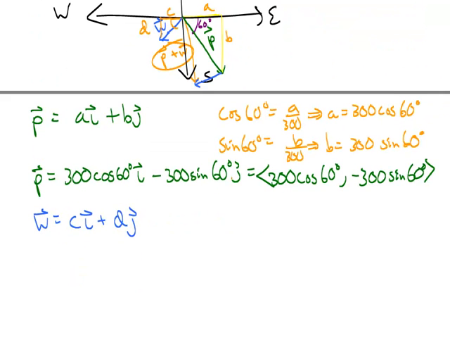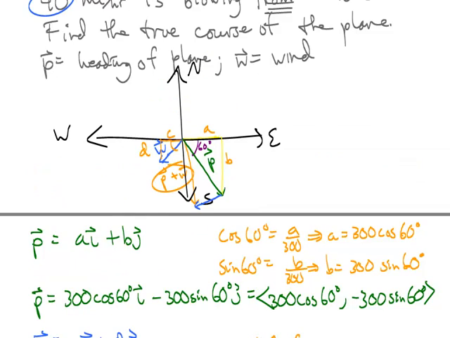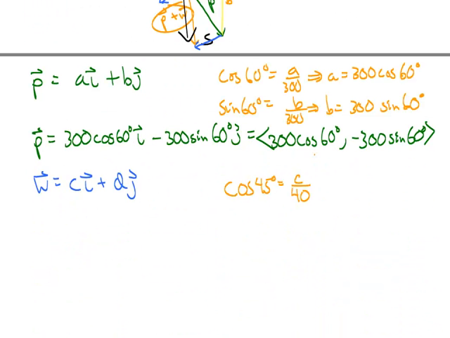So, let's see here. C is going to be given by the cosine of 45. Cosine of 45 degrees is C over the length of the wind vector, which was 40, remember. So there's our hypotenuse. So C is 40 cosine 45 degrees, and of course the sine of 45 degrees is D over 40.